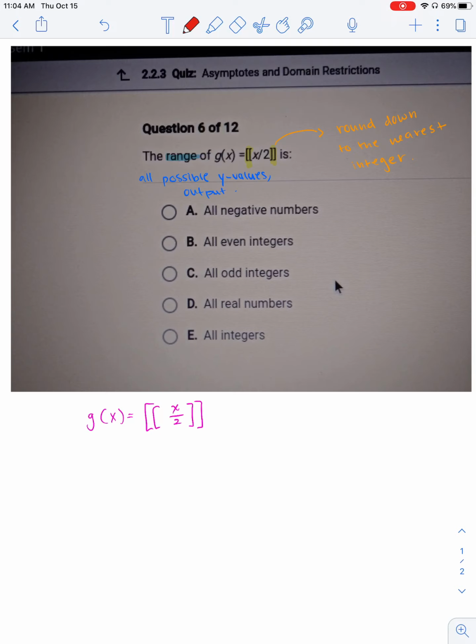So if I look at my answer choices, I see the word integers here, but choices A and D, they don't. It gets all negative numbers or all real numbers. But my answer can never be a decimal because it's always going to round down at the end. So I could eliminate choice A and I can eliminate choice D.